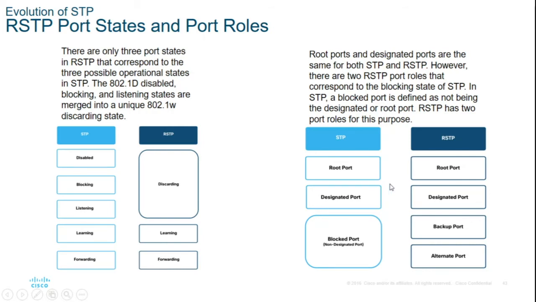The diagram on the right shows the root port and designated ports are the same for both STP and RSTP. However, notice that there are 2 RSTP port roles that correspond to the blocking state of STP. Remember, in STP, if a port is not a root port or a designated port, then it is a blocked port. RSTP has 2 port roles for this purpose.